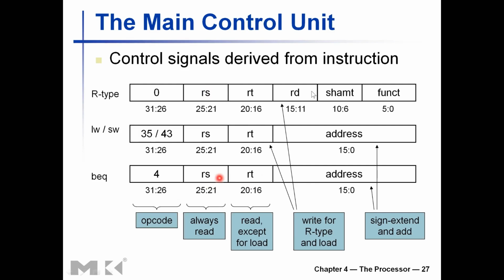And in the second half of the instruction, or the least significant half of the instruction, if it's an R-type instruction, these bits are the func field. If it's a load word or store word instruction, those bits are part of the address offset. So interpreting the rest of the instruction should be handled by the control unit.